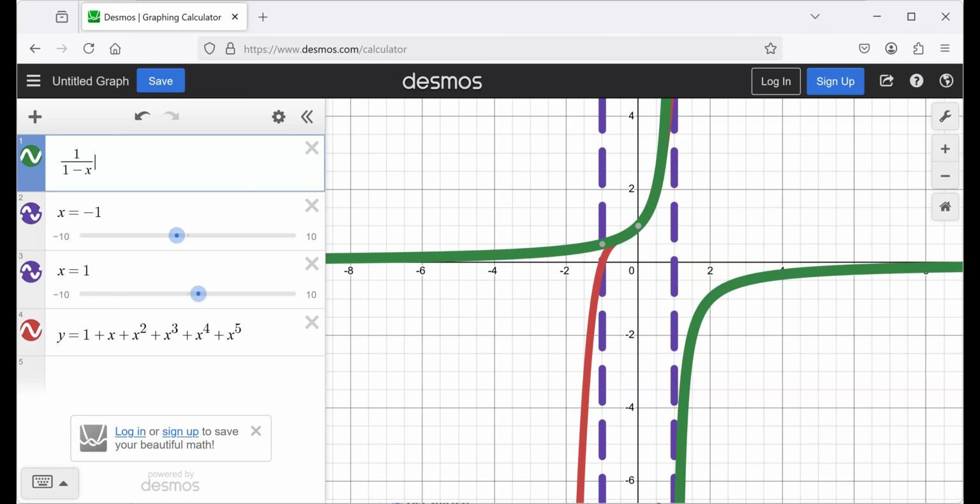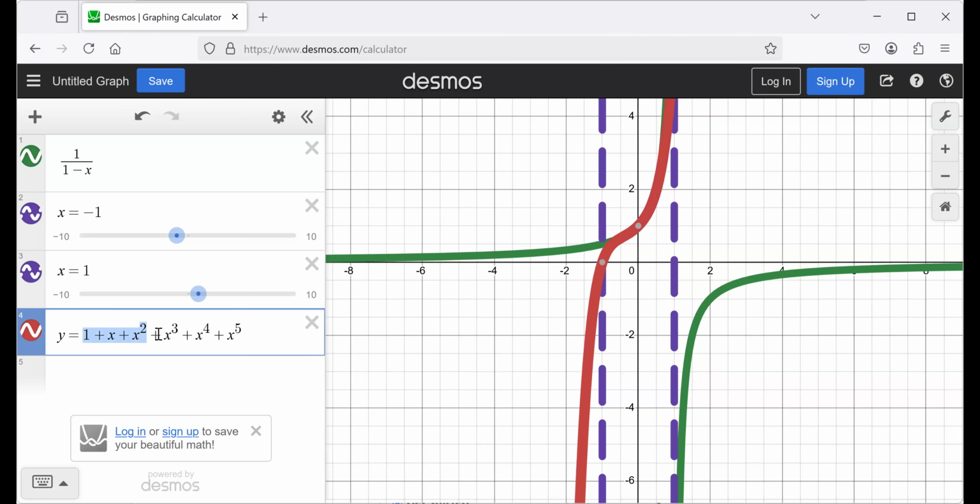When we just see it like this, it might not look complicated, but from a calculus point of view, it is. 1 plus x plus x squared plus x cubed plus x to the 4th plus x to the 5th, from a calculus point of view, is a really simple function. To differentiate it, we use the power rule. To integrate it, again, the power rule.